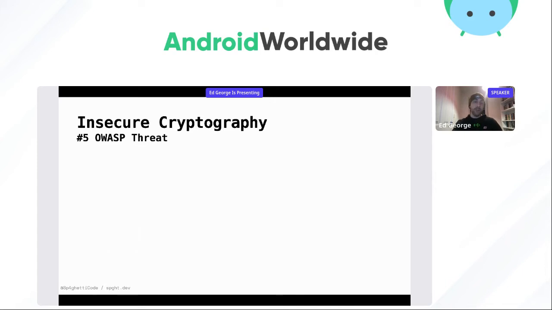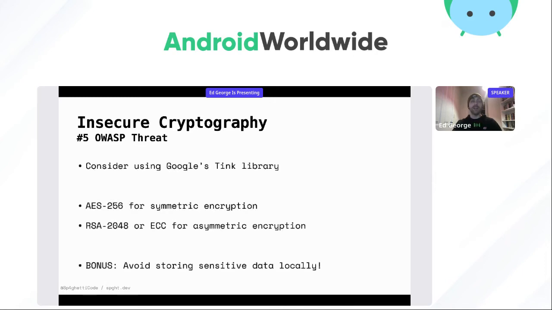So what can we do to avoid these issues? The first point I would say is to consider using Google's Tink library. I've integrated that into my sample app. Please do take a look at how that works. It provides strong cryptography for both symmetric encryption and asymmetric encryption. So symmetric encryption where only a single key is used, or asymmetric encryption where a public and private key are used.